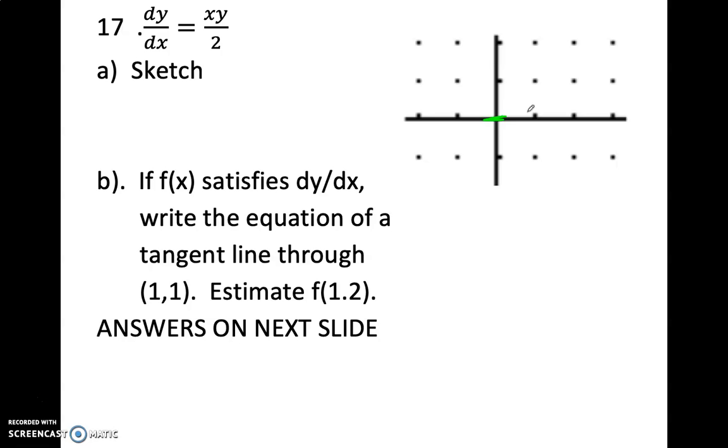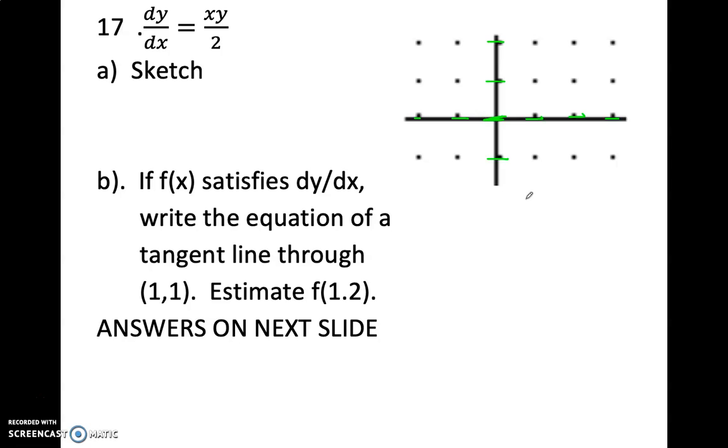And if you notice on all of the values where x or y is 0, you're going to get an answer of 0. So you're going to get zeros here on the x-axis because all the y values are 0, and you're going to get it on the y-axis because all the x values are 0.